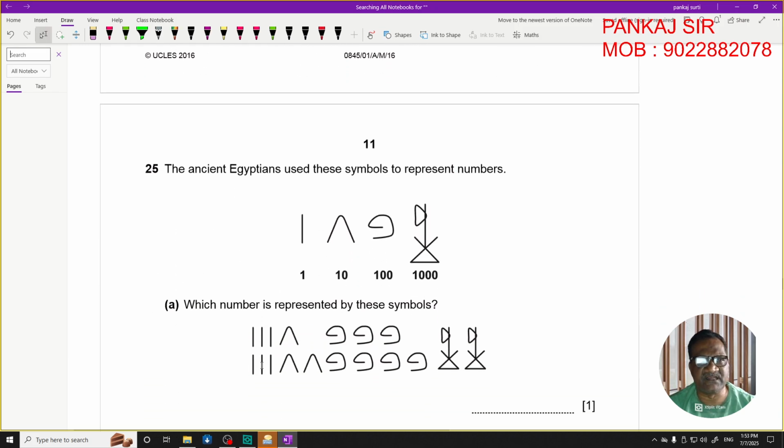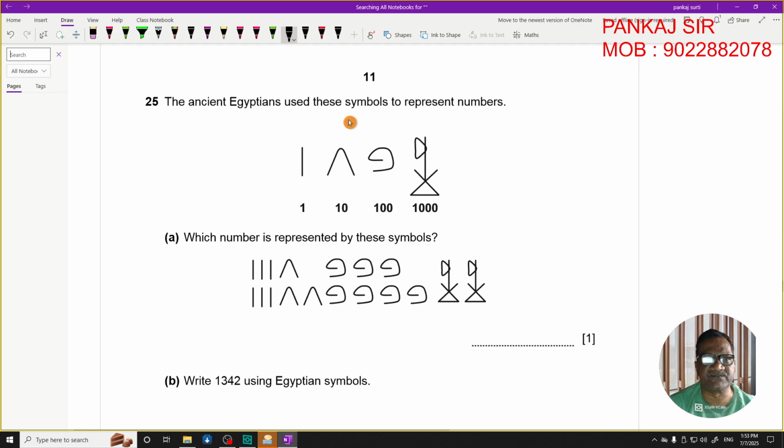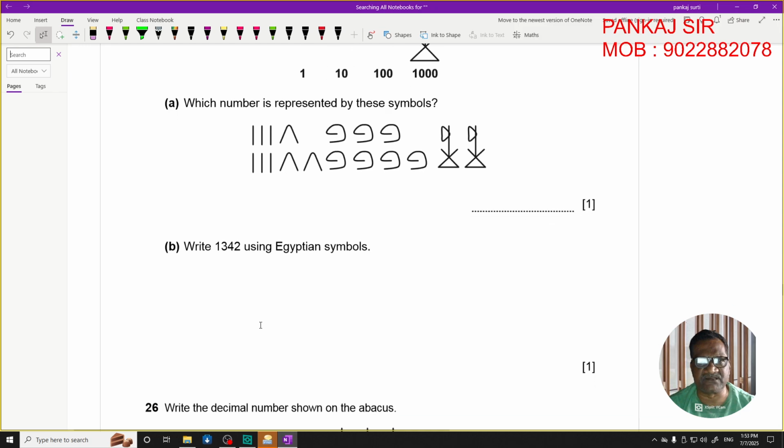Next question: ancient Egyptians used these symbols to represent numbers. This is used for 1,000, this is used for 100, this is used for 10, and this is used for 1. Now, which number is represented by these symbols? In the Egyptian language, the number is read from right to left.